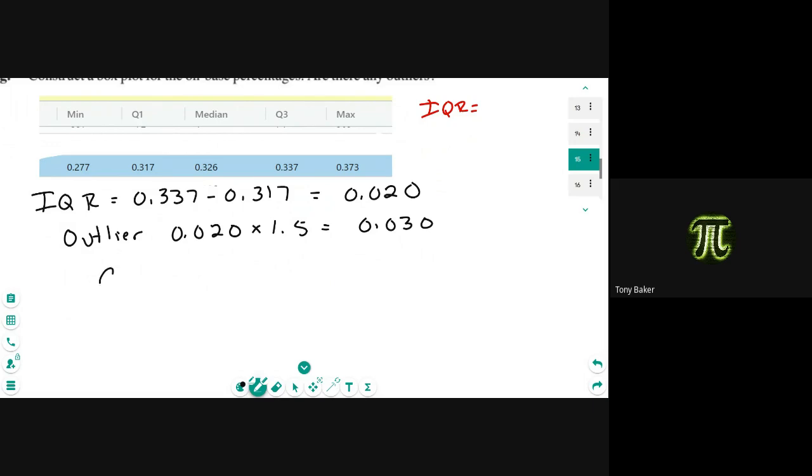So now I'm going to do Q1 minus 0.030, which gives me... Nope, you have your 3 in the wrong spot. And then Q3 plus 0.030.